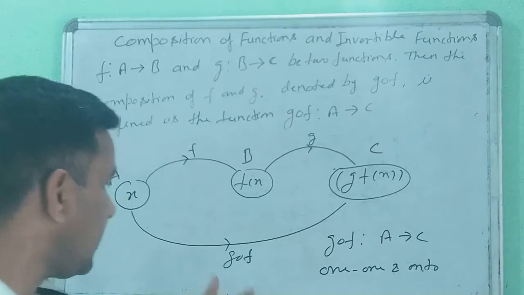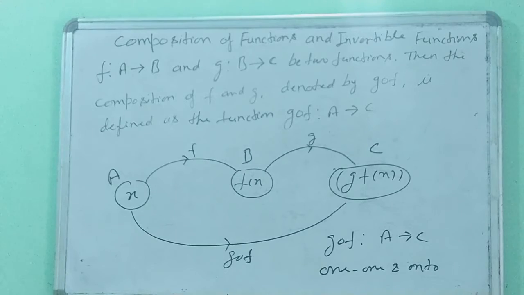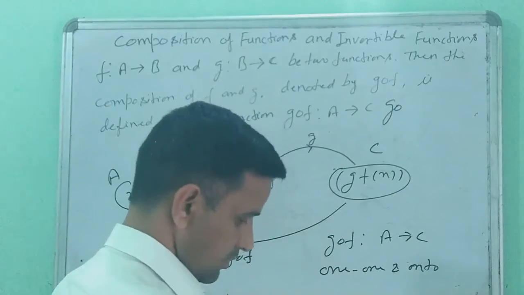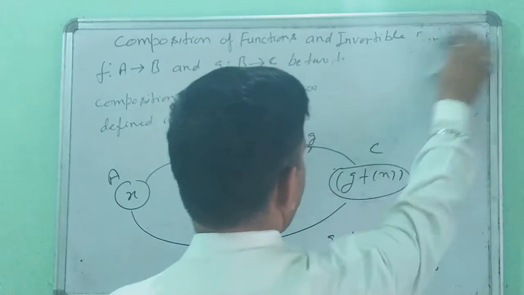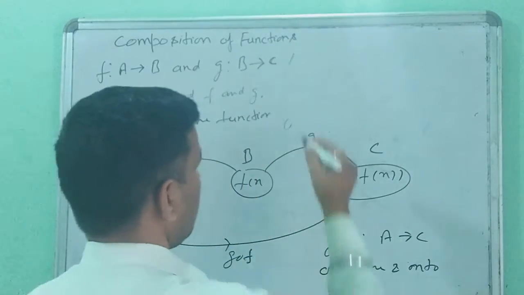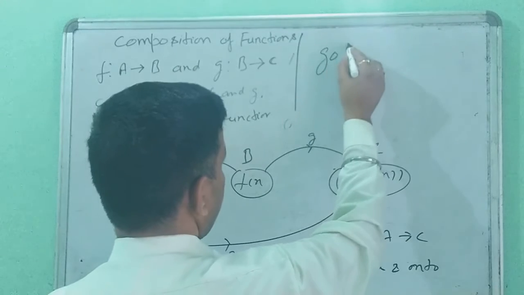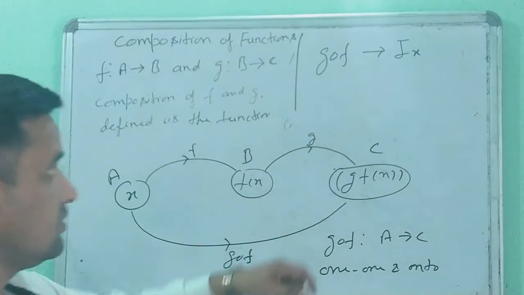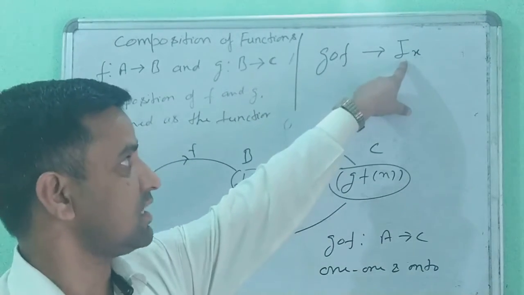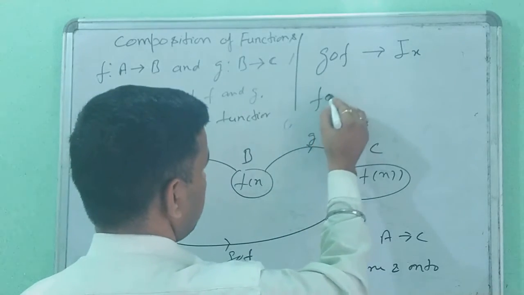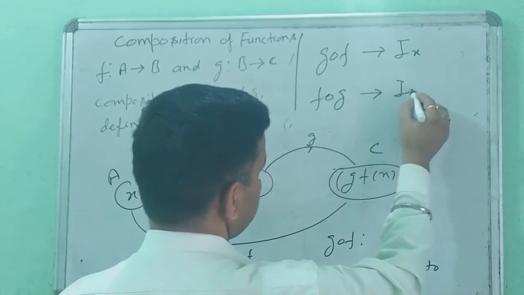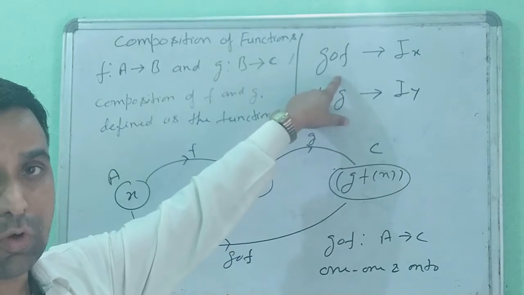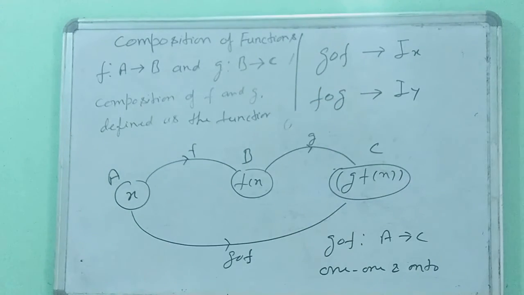Second thing, how do we define that the function GOF is 1-1 onto? Suppose the value of GOF is the identity function of x, and for the other composition the identity function of y, then you can say the function is 1-1 onto and also an invertible function. What is an invertible function?